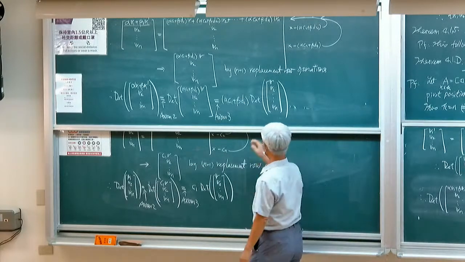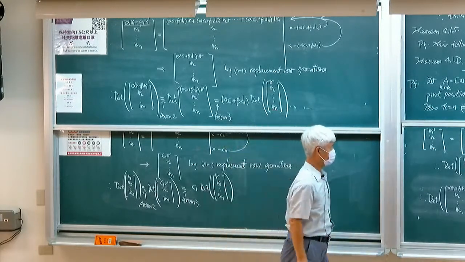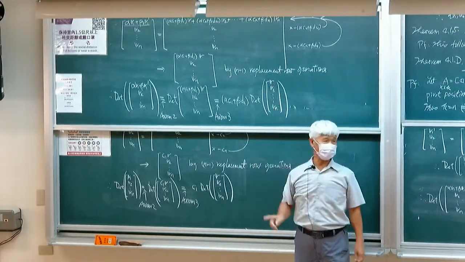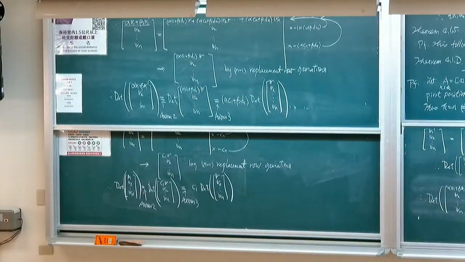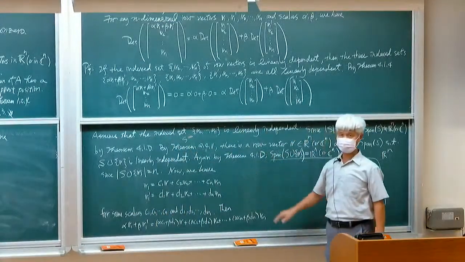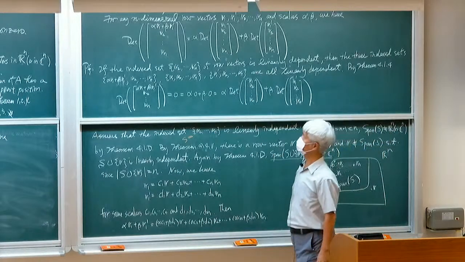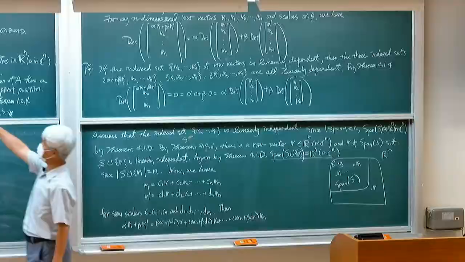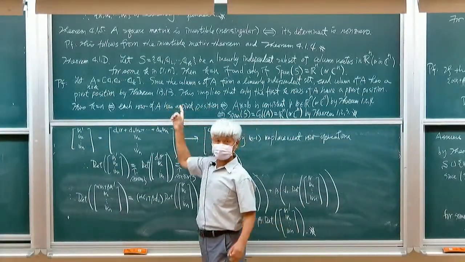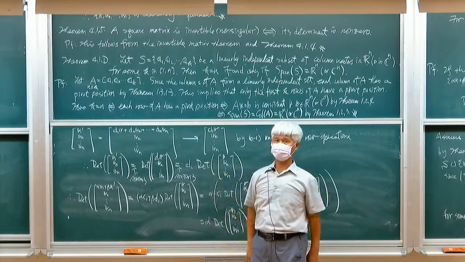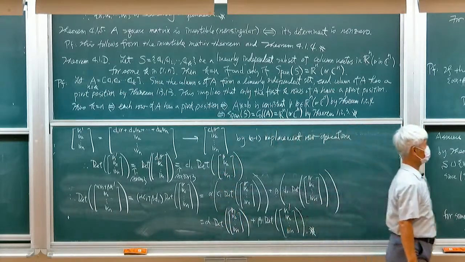But the possibility to find such a row vector R is because we have some preparation here, okay? Especially Theorem 4.1.d gives us the idea how to do the extension.